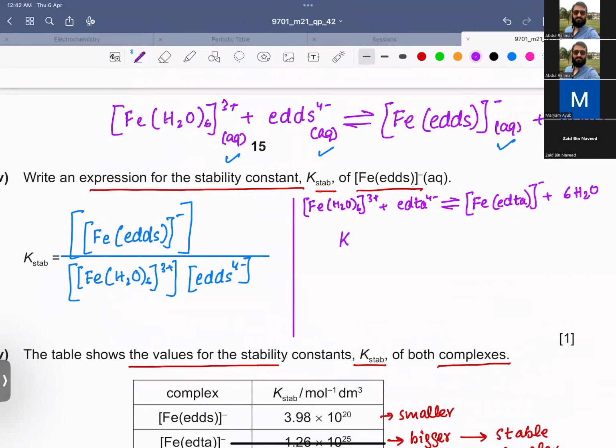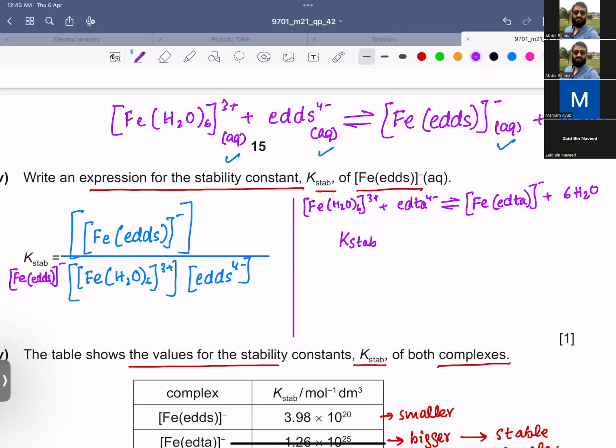And if I write the K, okay, this is the K step for FeEDDS negative.